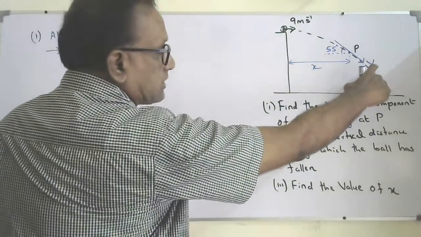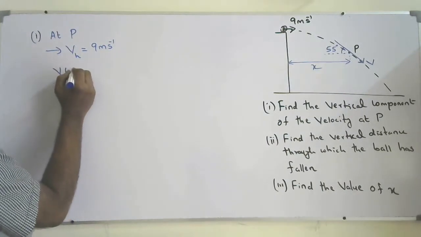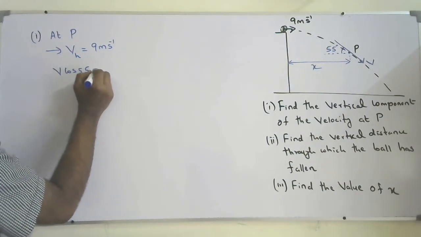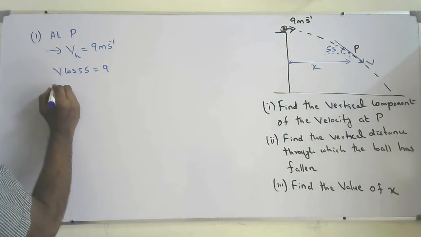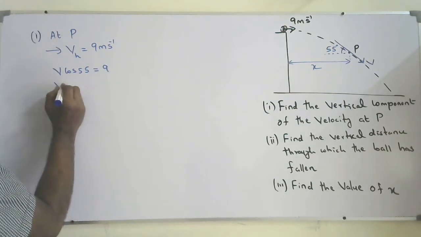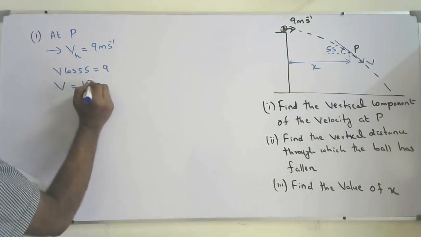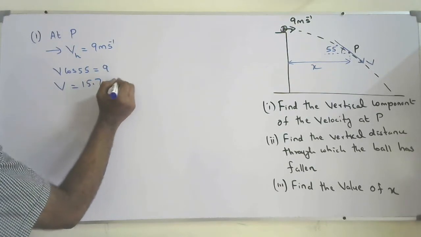But I took the velocity as V. So that means V cos 55 equals 9. That's the horizontal component. So V I can find: 9 divided by cos 55, that will be 15.7 meter per second.